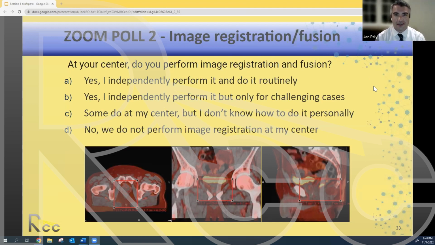The answer that I've gotten is that when we've tested this and we look at the differences in planning on a contrasted scan, say in the head and neck or the thorax, compared to a non-contrasted scan, there is less than a 1% difference in dose absorption. So it's very small. It's not zero, but it's small enough that we typically don't need to contour on another scan.